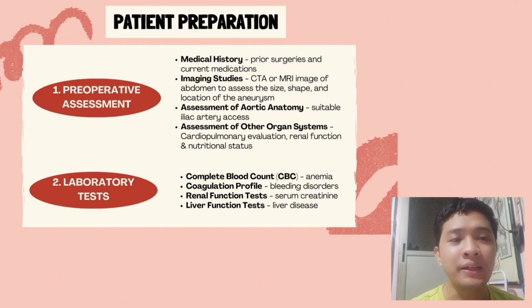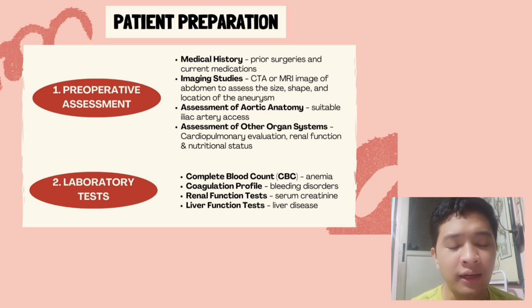CT angiography or MRI of the abdomen to assess the size, shape, and location of the aneurysm, as well as the anatomy of the aorta and its branches. These images help in selecting the appropriate endograft and ensuring that the patient's anatomy is suitable for the procedure. Ultrasound may be used for follow-up in some cases, but CTA is typically the gold standard for preoperative planning.